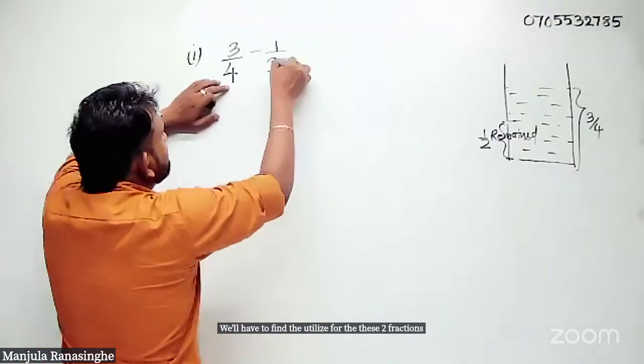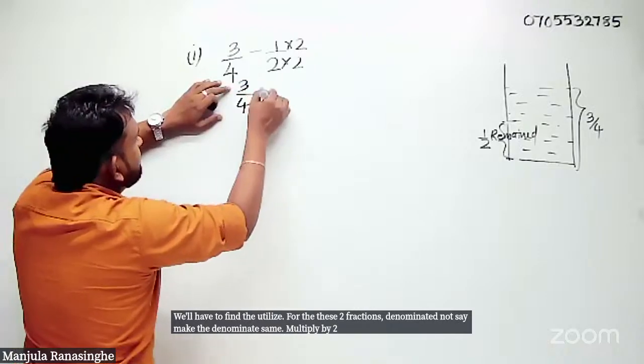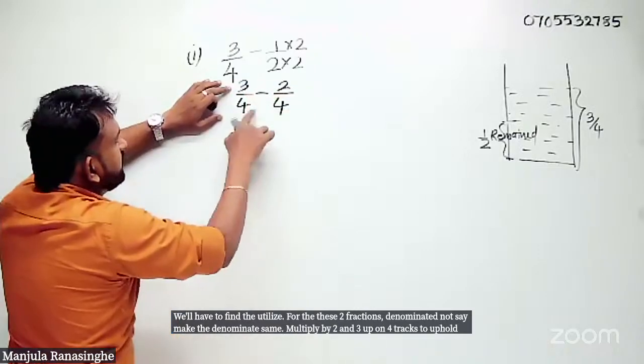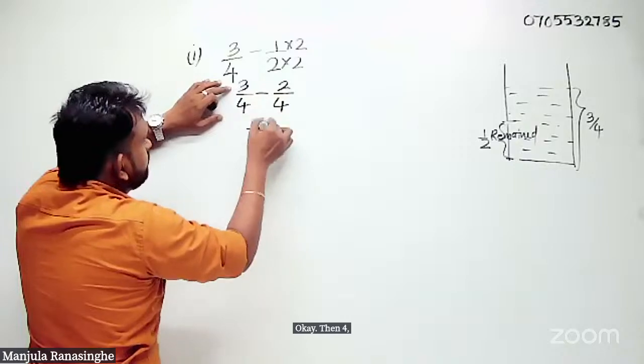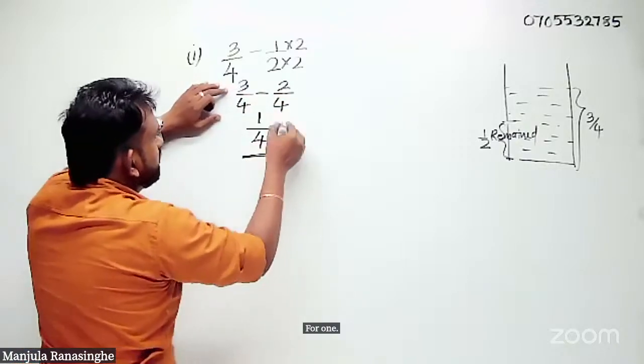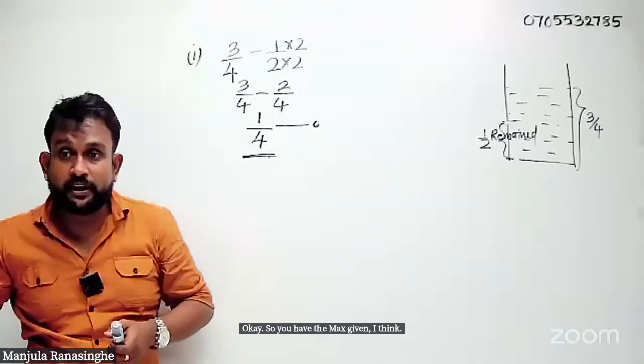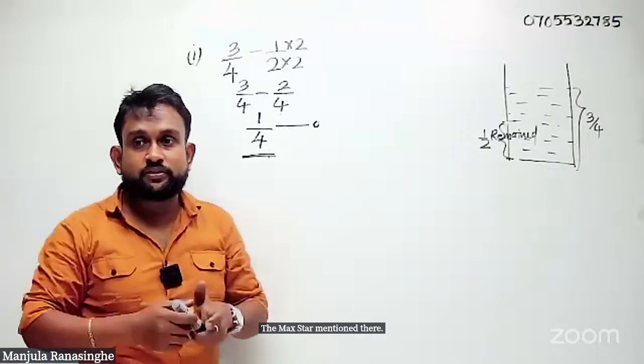The denominators are not the same, so make the denominator the same by multiplying by 2. Then 3 upon 4 subtract 2 upon 4. The denominators are the same, 3 subtract 2 is 1. So 1/4 is the used part. The marks are mentioned there, 3 marks.